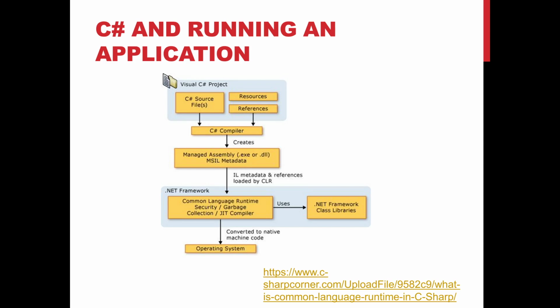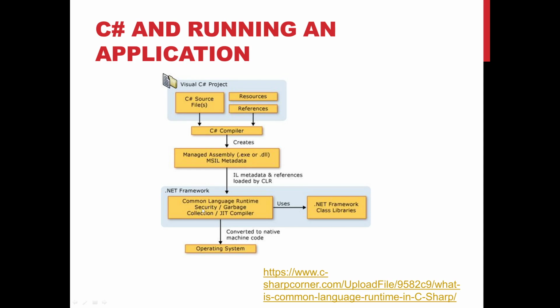Once that exe or DLL is produced, what we have is, and this is a little bit older, .NET Core here, or you could say .NET Framework, and we'll talk about the differences in a second. But this is the common language runtime, which we mentioned before.